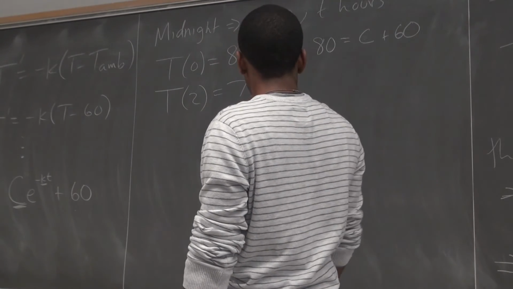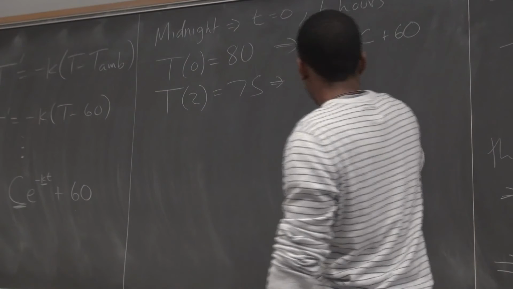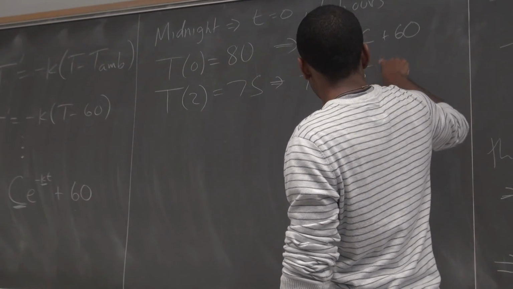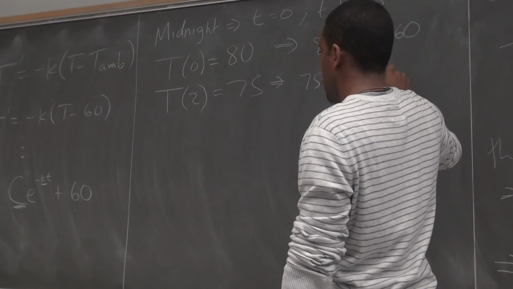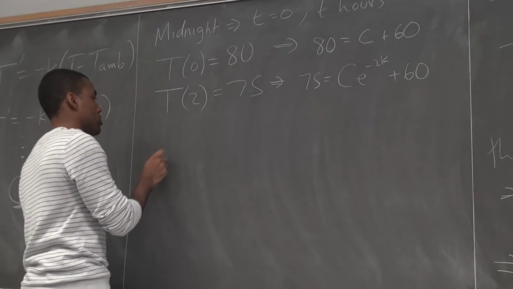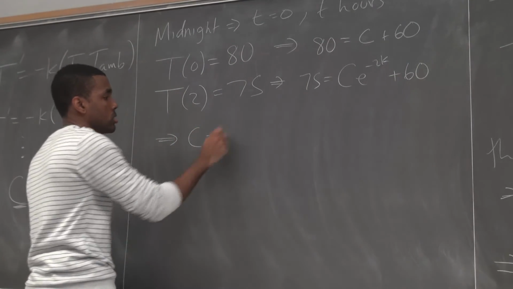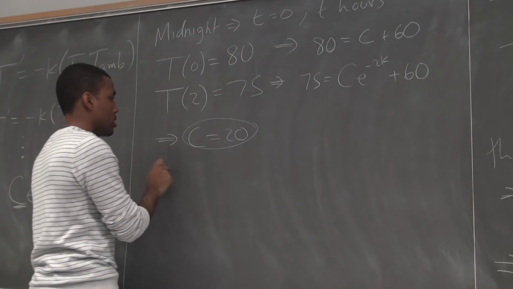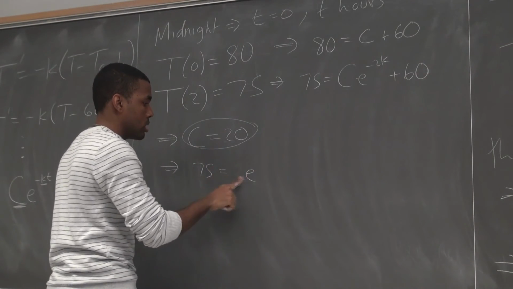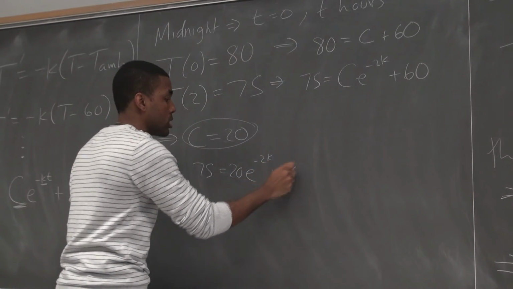This one would mean 75 is equal to Ce to the minus 2k plus 60. Now, this means C is equal to what? 20. C is equal to 20. This means you have 75 equals 20e to the minus 2k plus 60.